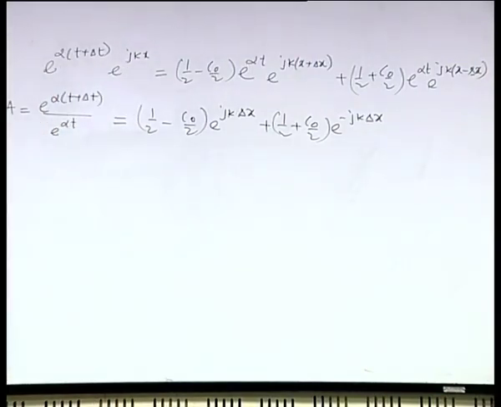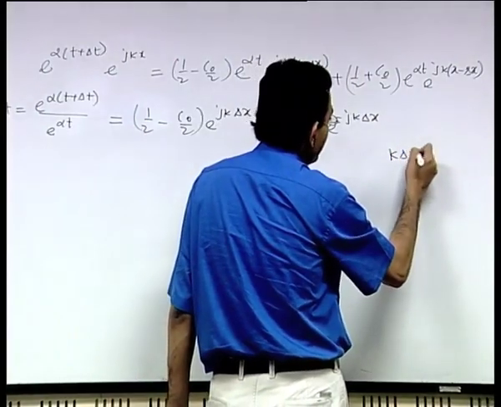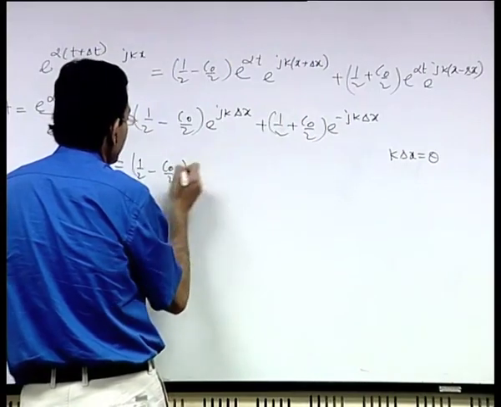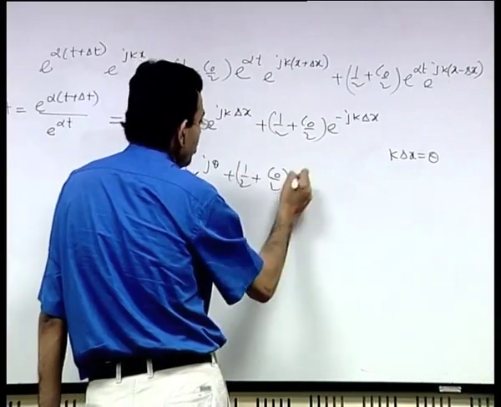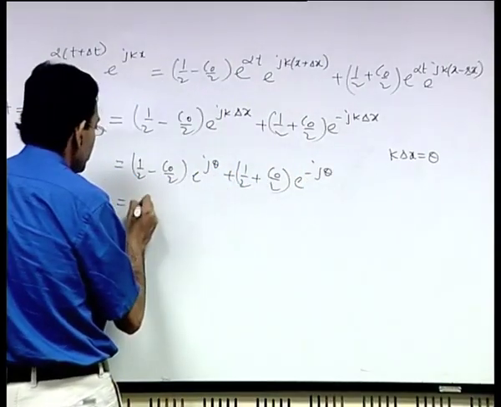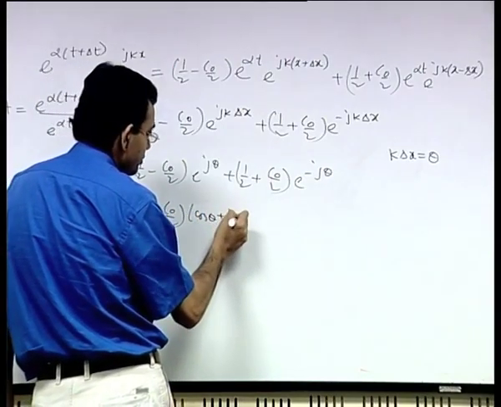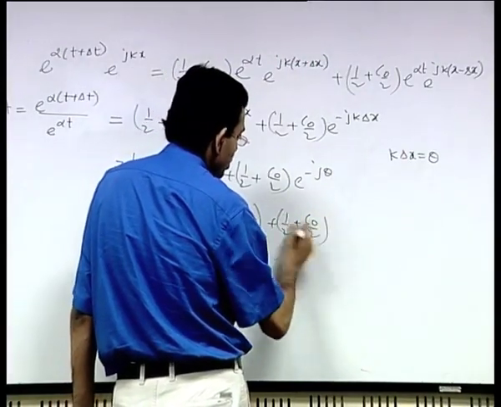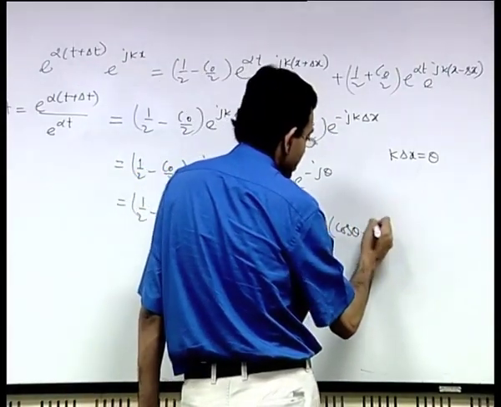So, you can define k delta x equal to theta. So, this is (half minus Courant number by 2) e to the power j theta plus (half plus Courant number by 2) e to the power minus j theta. So, (half minus Courant number by 2)(cos theta plus j sin theta) plus (half plus Courant number by 2)(cos theta minus j sin theta).